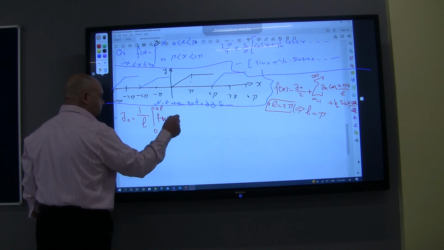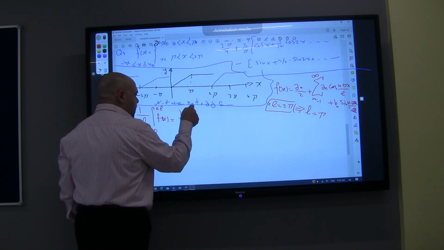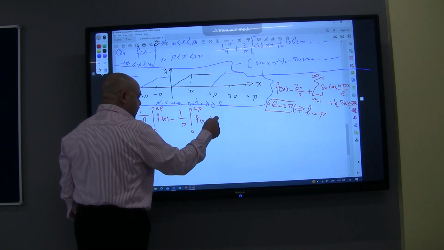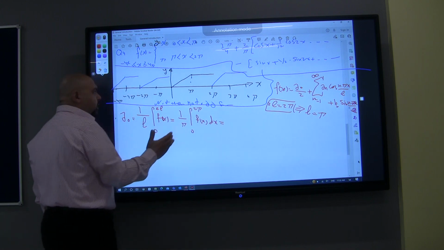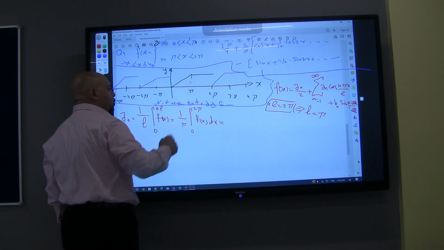اسمها f of x. يعني it's gonna be 1 over pi integration from 0 up to 2 pi for f of x dx. Unfortunately, f of x is expressed through the 2 pi by 2 functions.